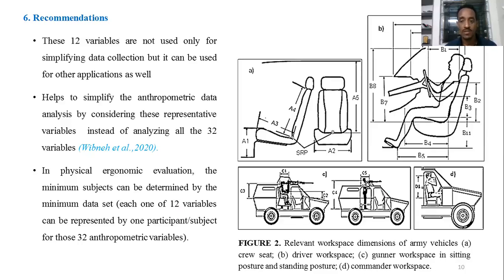For example, after we have made our product or workspace, we may test the accommodation of that space by real humans. At this time, these 12 may be enough for this purpose.